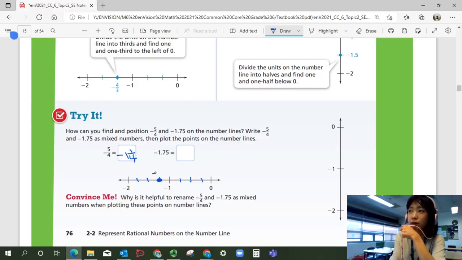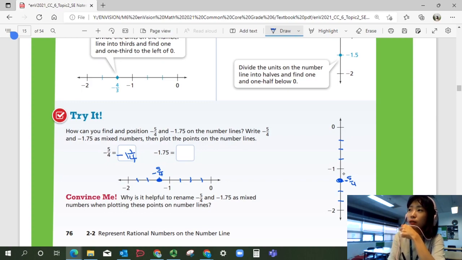So that's -5/4. And then on the vertical one, you also divide your units into fourths, and you go below 0 by 1 and 1/4 on the number line, and that is -5/4.